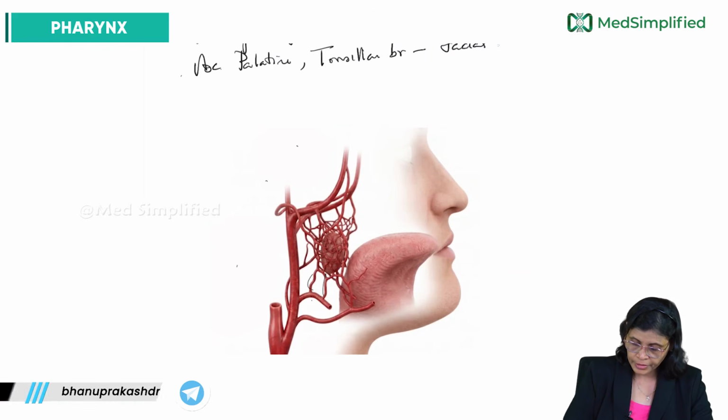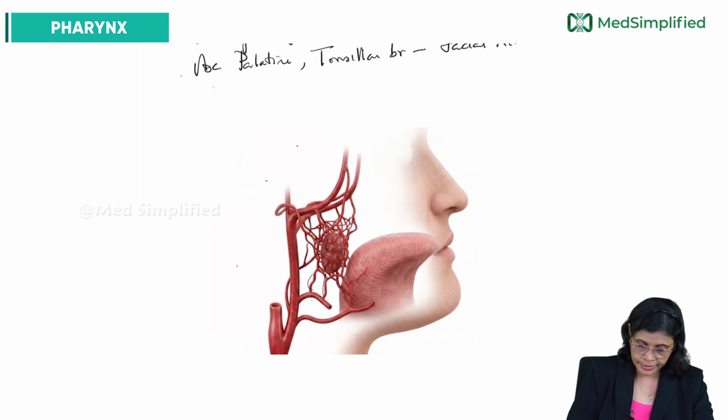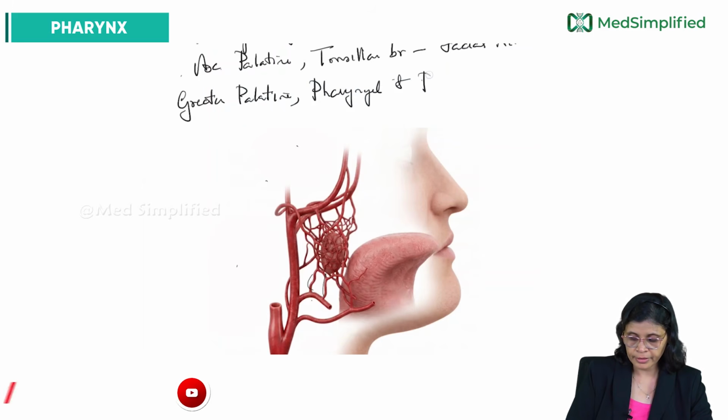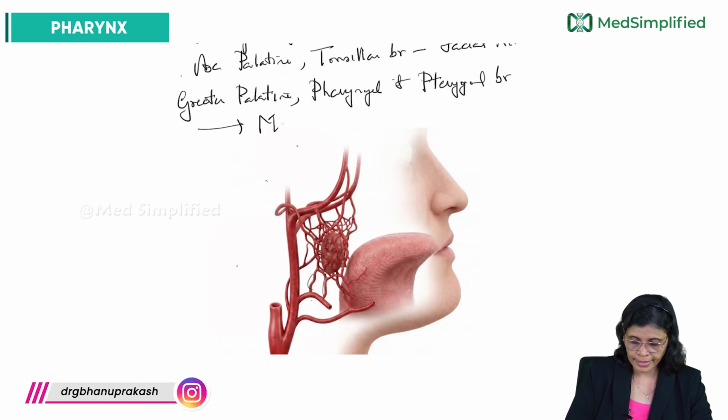So here, facial artery, and then we have the greater palatine, the pharyngeal branch, and pterygoid branch. They are all coming from the maxillary artery, and there is the dorsal lingual.